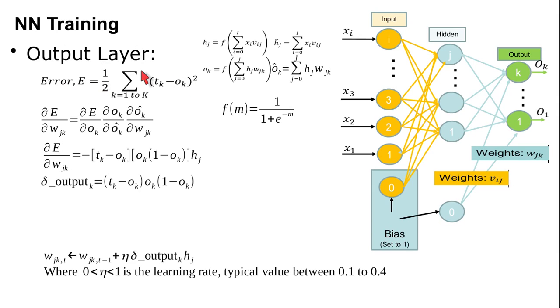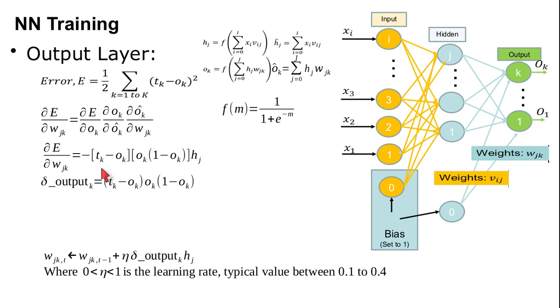So let us say you have an input sample that you pass through the input layer, then the hidden layer, then you get an output value for that particular sample, and you compute the error. If you take a partial derivative of that error with respect to a particular weight Wjk, then the partial derivative would expand to give you this value. And this can be reduced to these values: true value of that particular sample minus the output value of that particular sample, multiplied by output value of the sample and 1 minus output value of the sample.